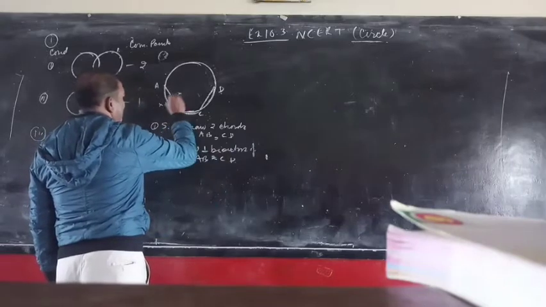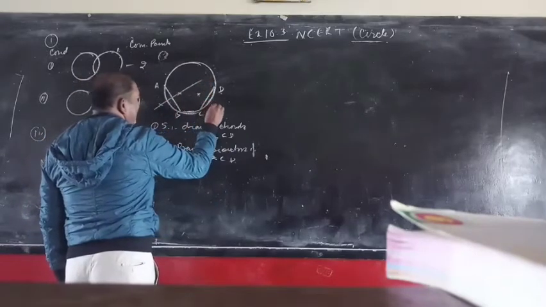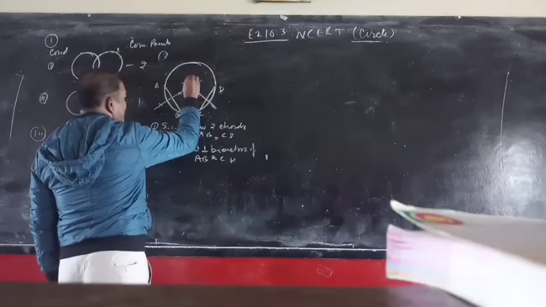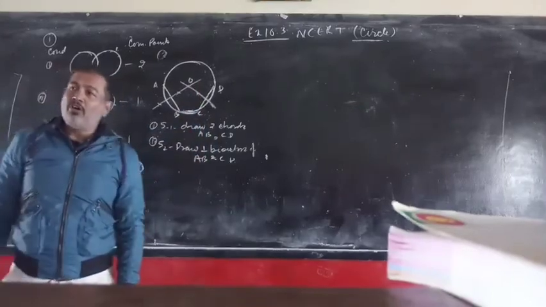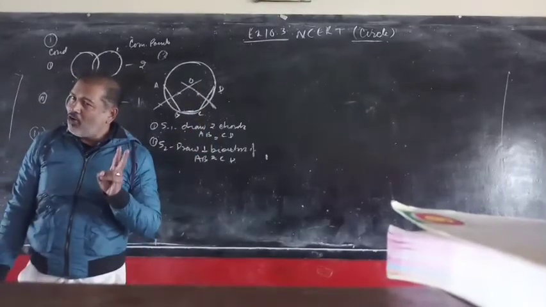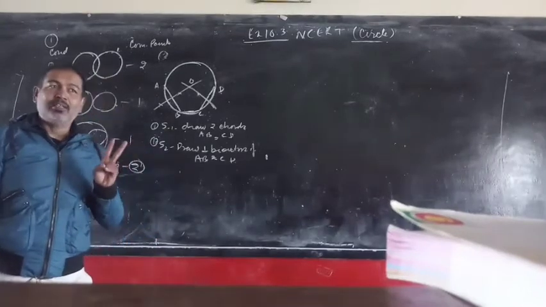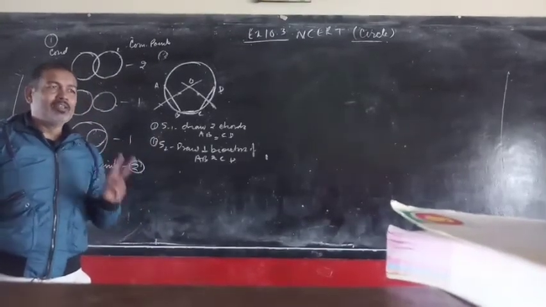We will draw the perpendicular bisectors of AB and CD. The intersecting point of the perpendicular bisectors of 2 chords is the center of the circle.